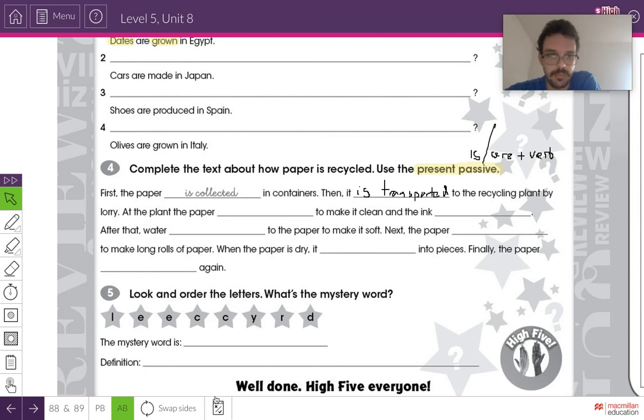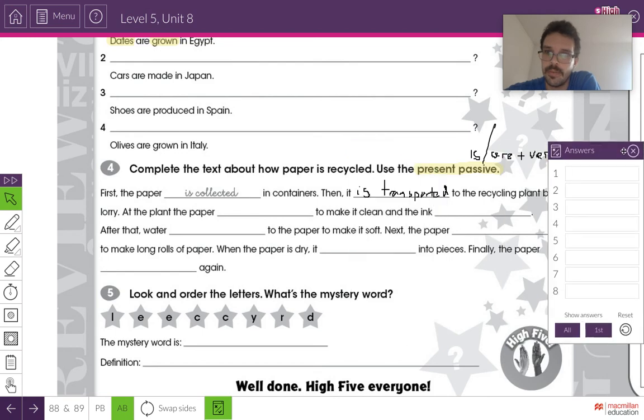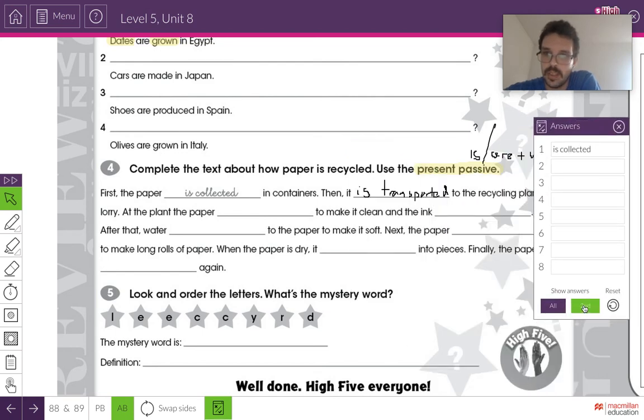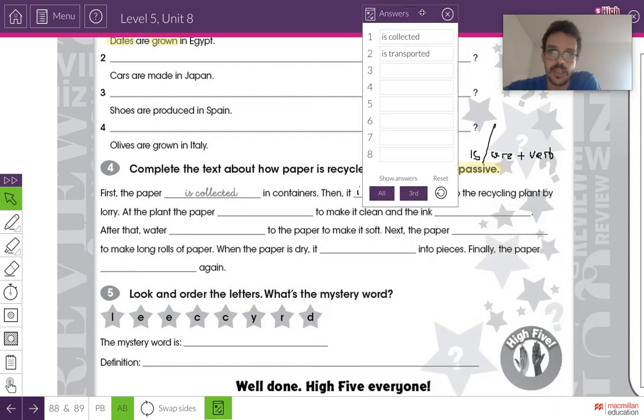All finished? Very good. Let's have a look at the answers. The paper is collected into containers, then it is transported to the recycling plant by lorry.